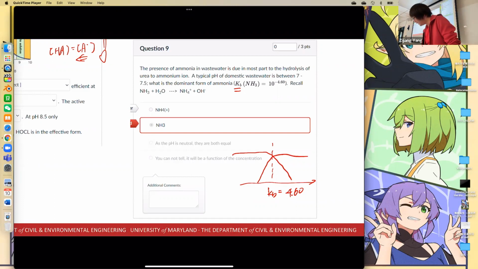Under basic conditions, we have this NH3, and this is NH4 plus. So the question is in natural water. In natural water, the pH is around 7, so the main species should be this one.